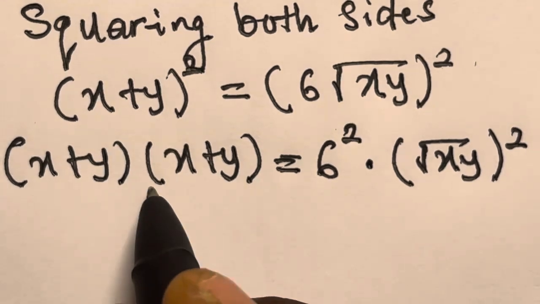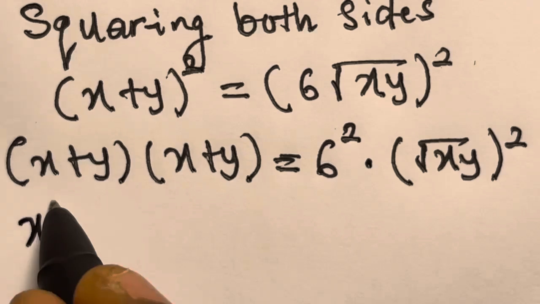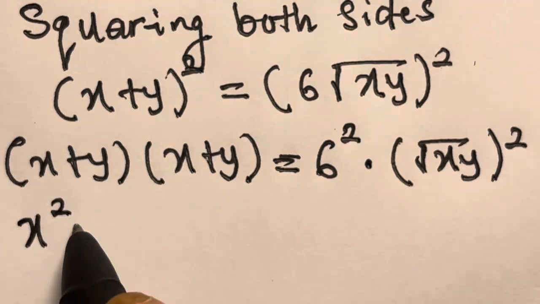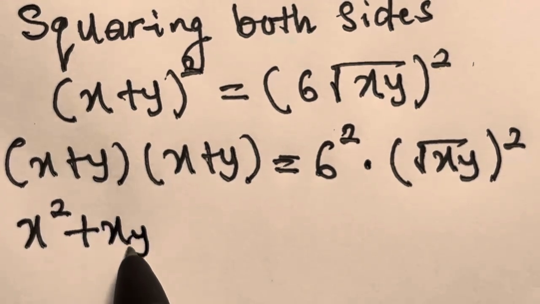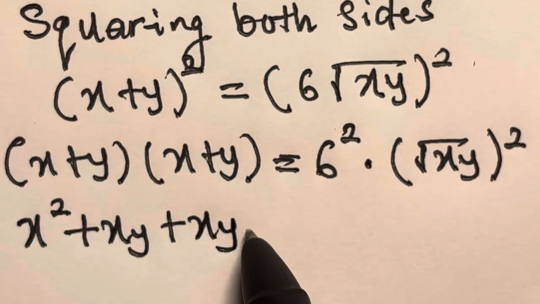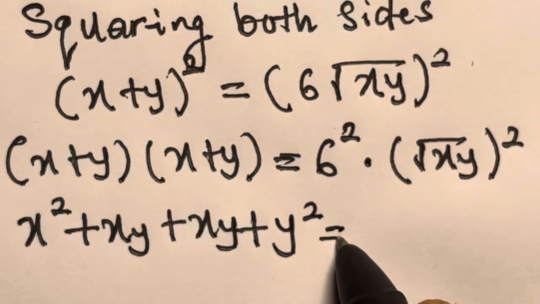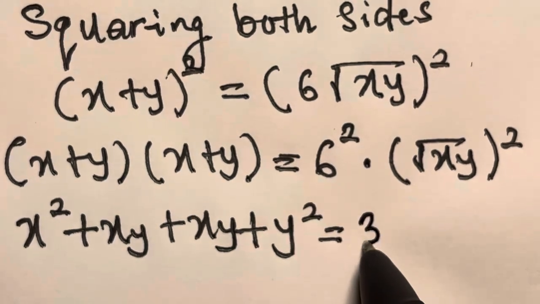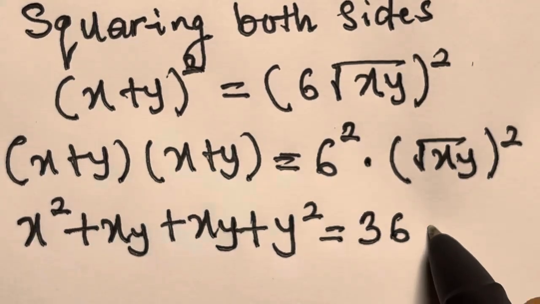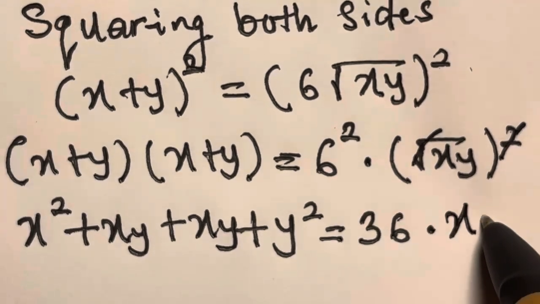If we expand this bracket, we have x times x gives x squared, x times y gives plus xy, plus y times x gives xy, then y times y gives y squared. This equals 6 squared, which is 36, times xy, because the square cancels the square root.